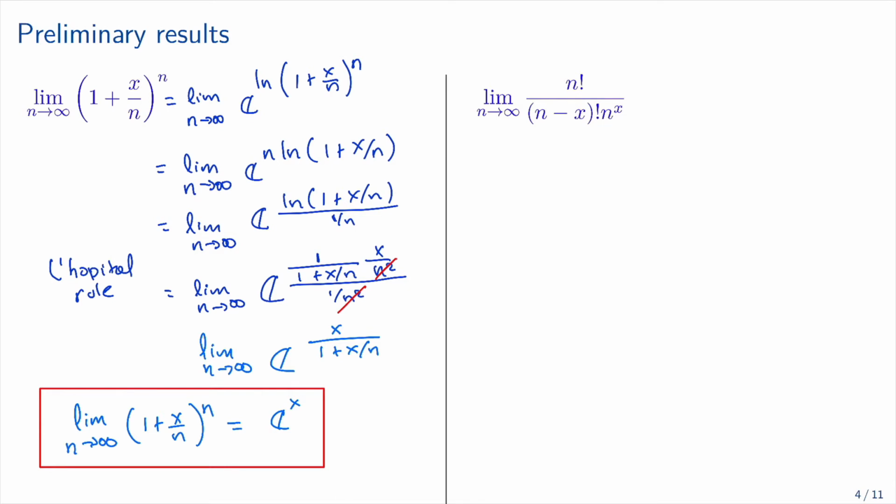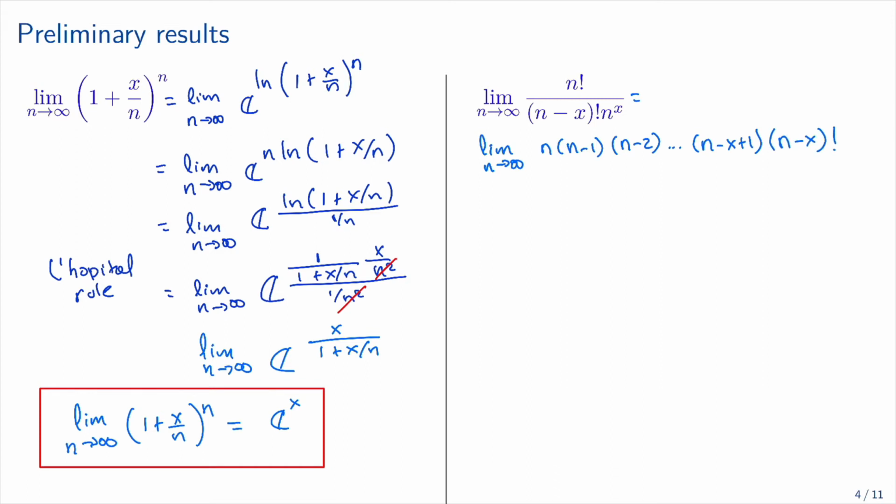The next step is to calculate this limit. So to start, I'm going to expand the numerator in such a way that I can cancel this factorial in the denominator. So this is equal to the limit when n approaches infinity of n multiplied by n minus 1 multiplied by n minus 2 and so forth until n minus x plus 1, and then we have multiplied by n minus x factorial.